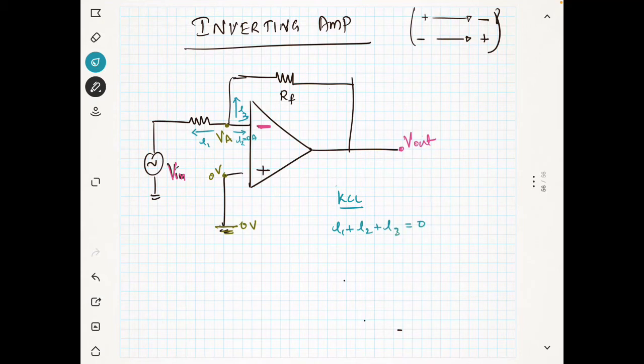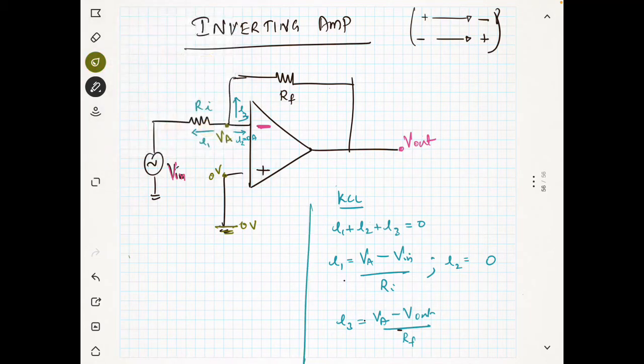I1 is equal to VA minus V in divided by Ri, right? And I2 is equal to 0. And what is I3? VA minus V out divided by Rf, right? Now I am going to write the Kirchhoff law here.